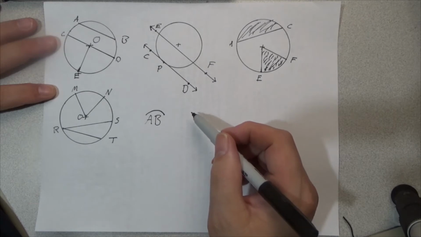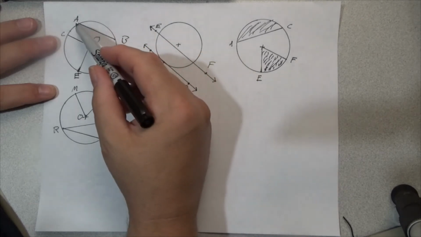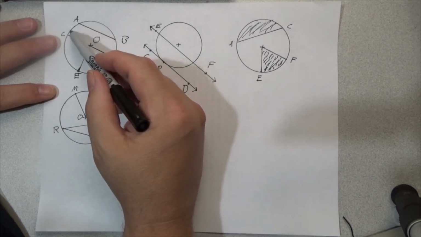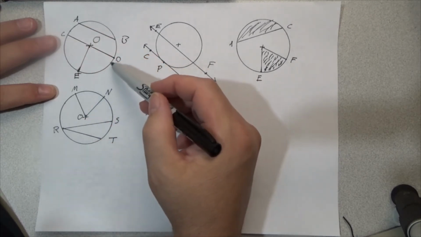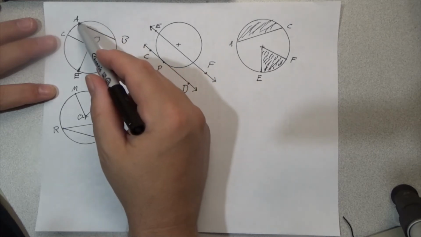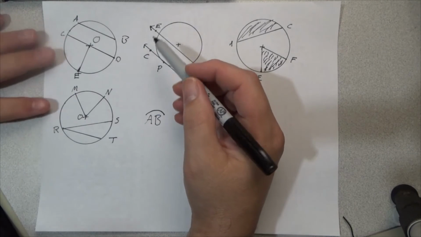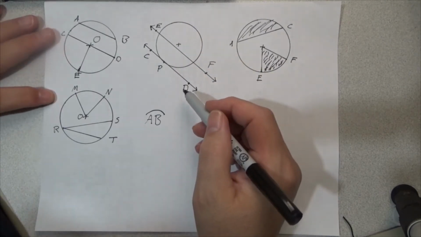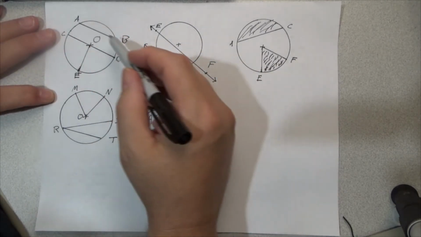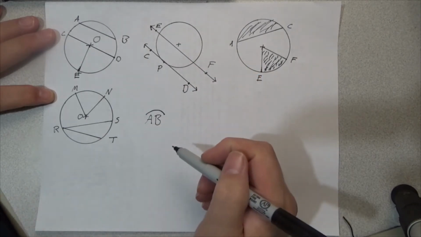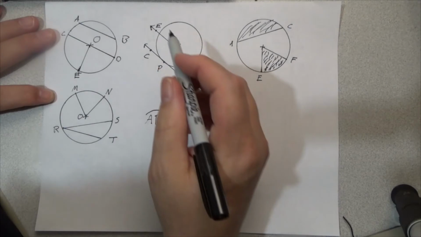What if I'm talking about the distance from here to here, but going this way around the circle? That would also be arc AB. So we have a problem. We have two arcs that go from A to B. One is the minor arc or the small arc. The other one is the major arc or the bigger arc.